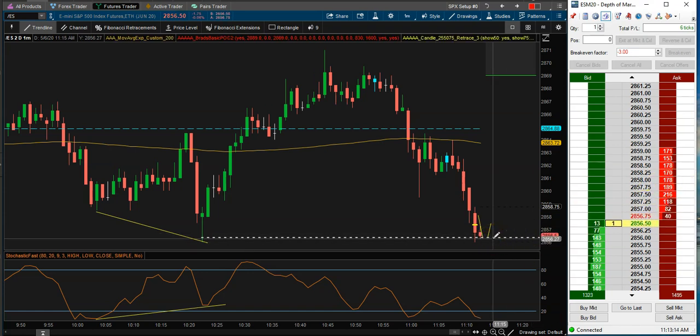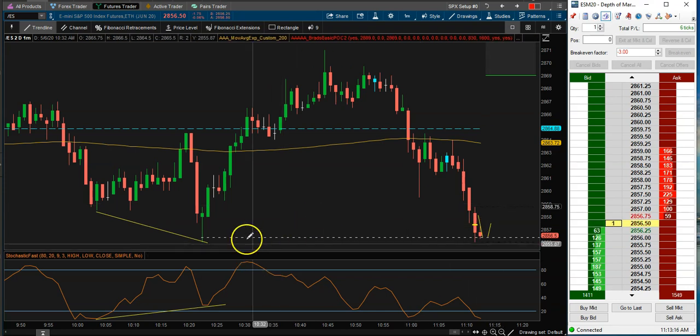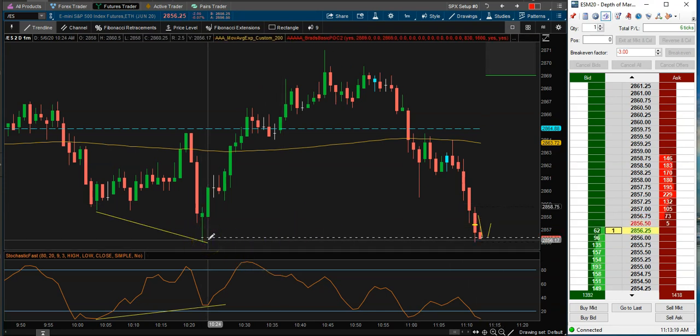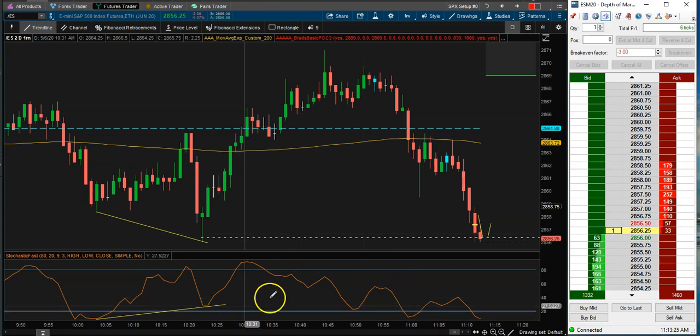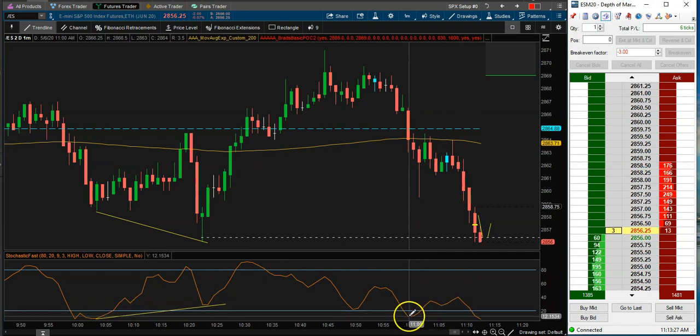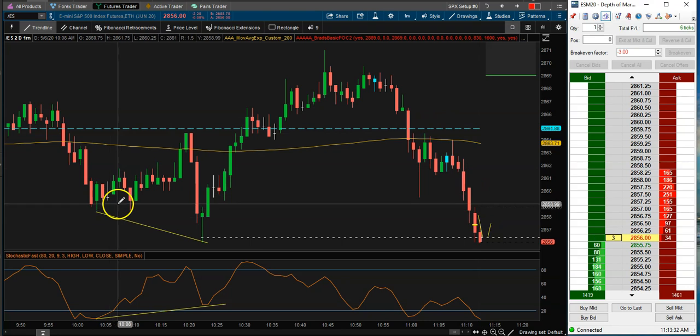Again, these are scalp opportunities of just using wicks in price action. Really nothing crazy. We did have the divergence for a bit here, but remember what this trade was.